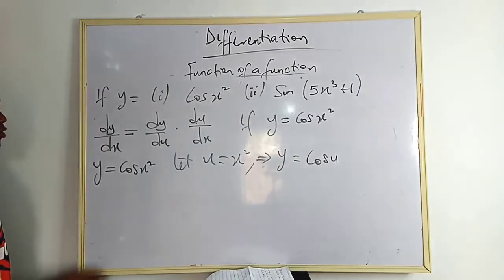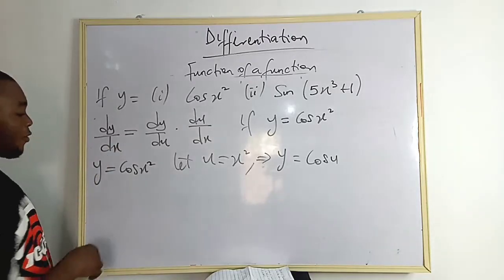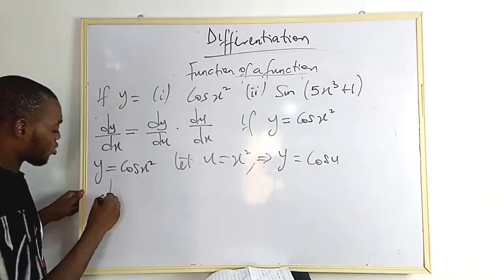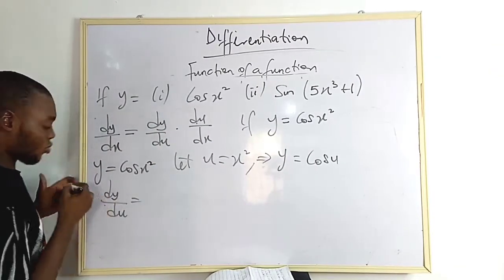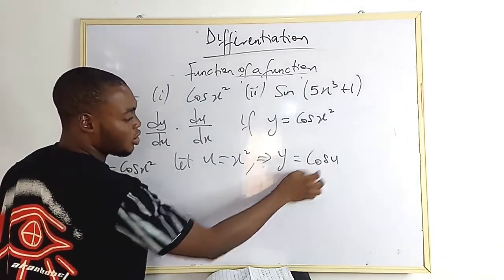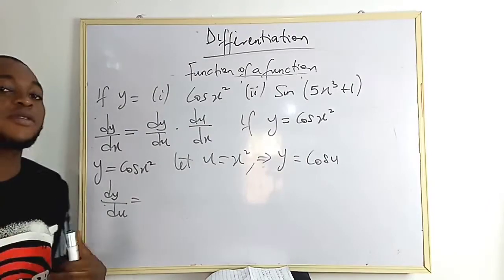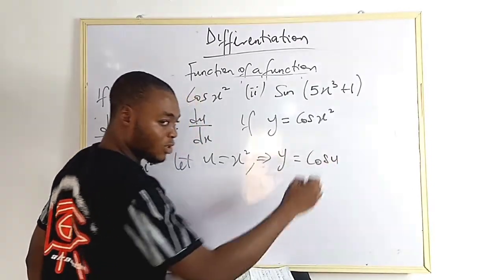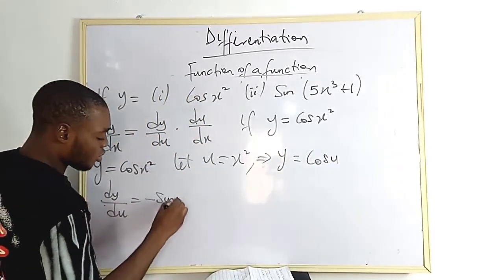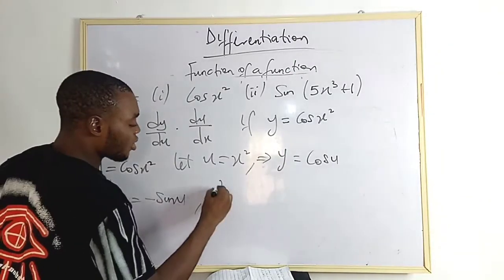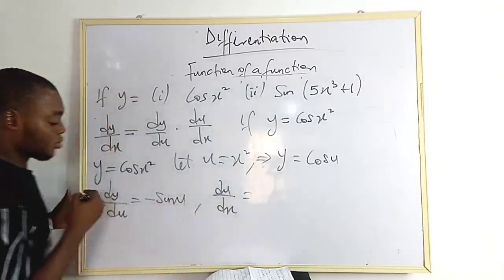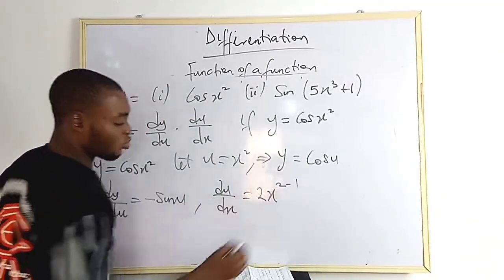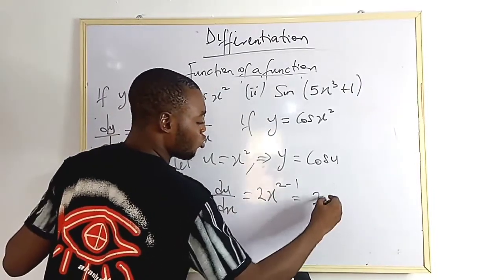From our formula, to find dy/dx, first we find dy/du, then find du/dx, then multiply the two together. dy/du: the derivative of cos u, since the derivative of cos x is minus sin x, is minus sin u. du/dx: differentiate u with respect to x, bring 2 here, 2x raised to the power 2 minus 1, which is 2x.